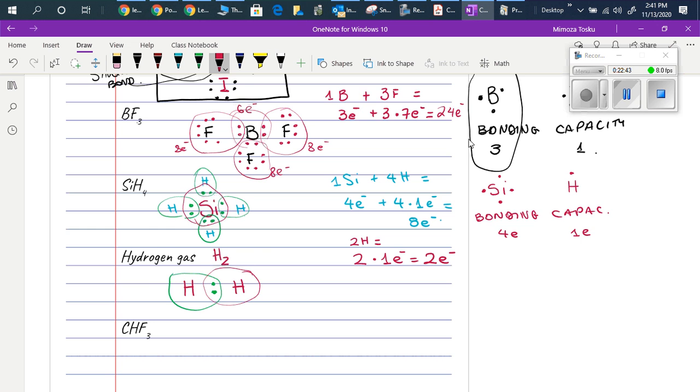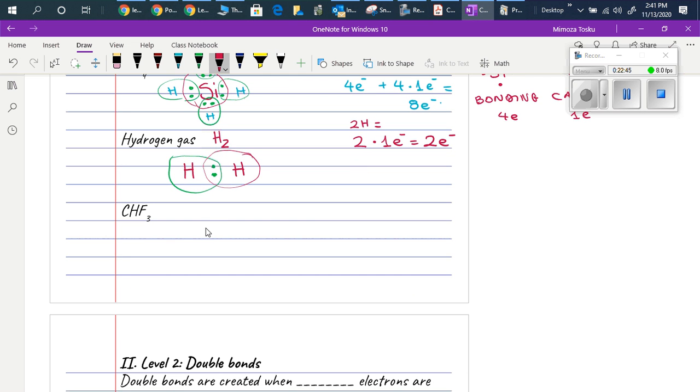Now the next example is CHF3, carbon, hydrogen, and fluorine. Carbon has 4 electrons as the bonding capacity, hydrogen has 1 electron as the bonding capacity, and fluorine has 1 electron as the bonding capacity. So carbon becomes the central atom with the highest bonding capacity.